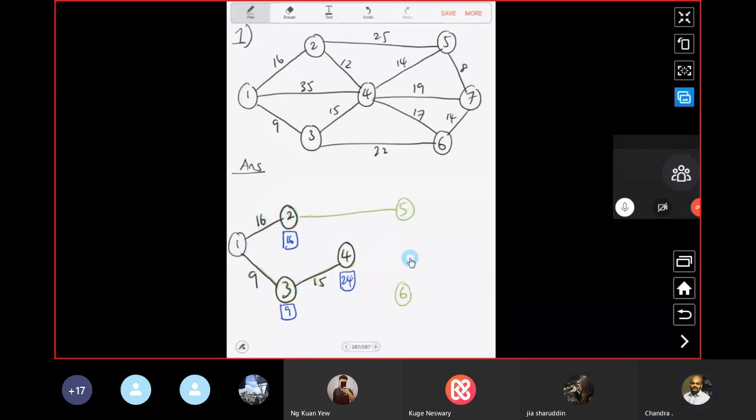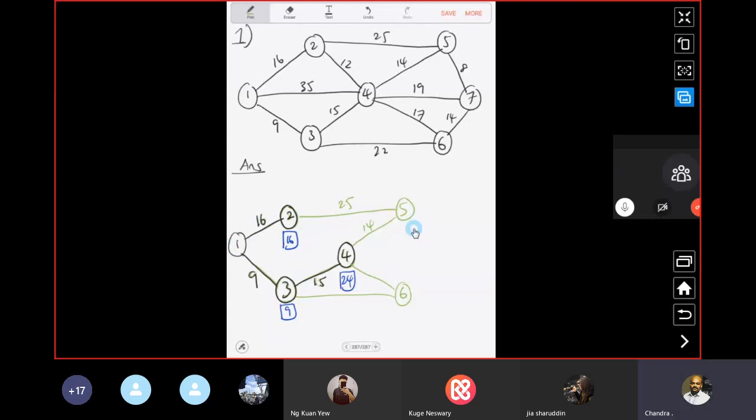These are the routes. Now let us solve 5 first. 5 has 25 here, 14 here. 16 plus 25, going through 1, 2, 5.